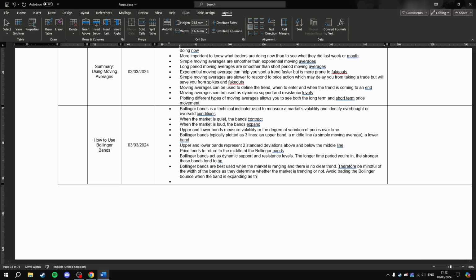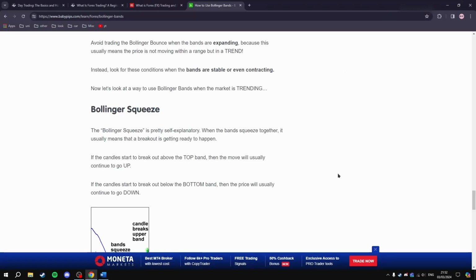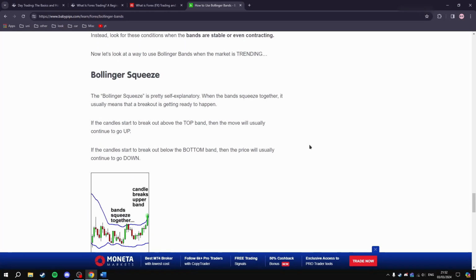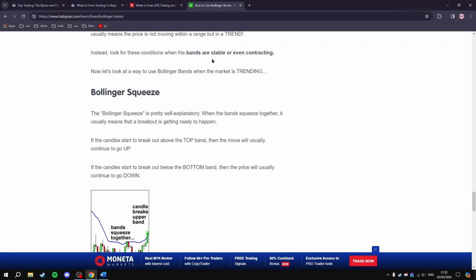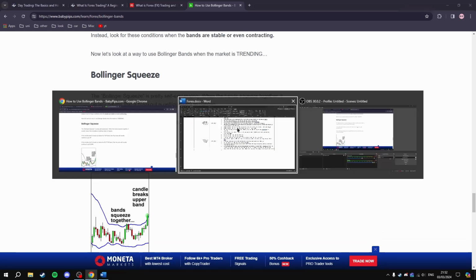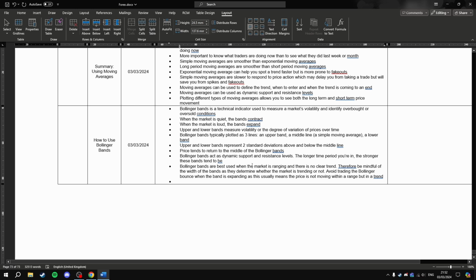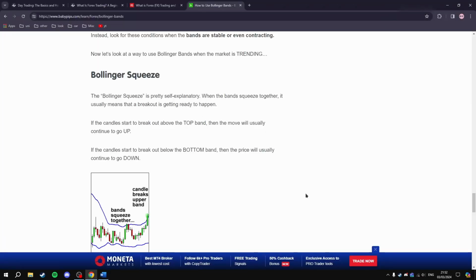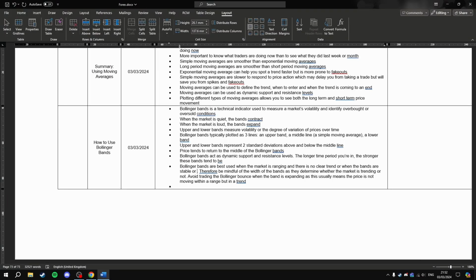Instead, look for these conditions when the bands are stable or even contracting.